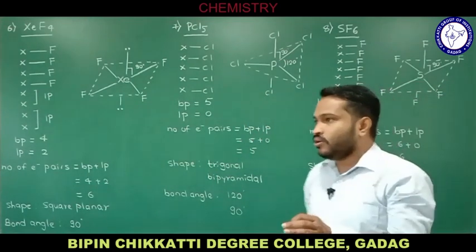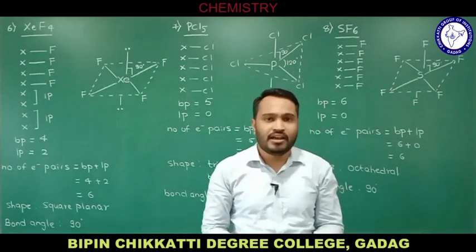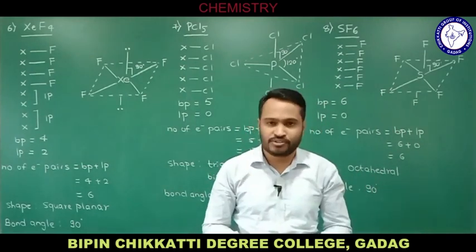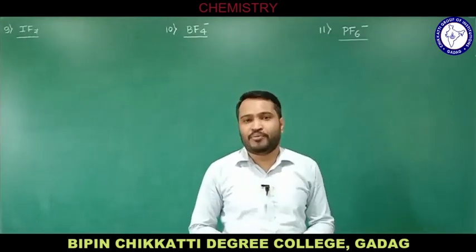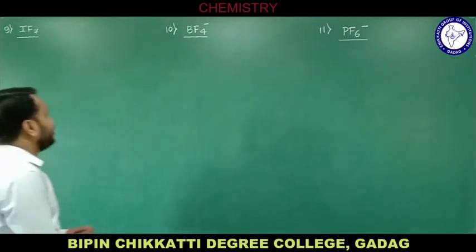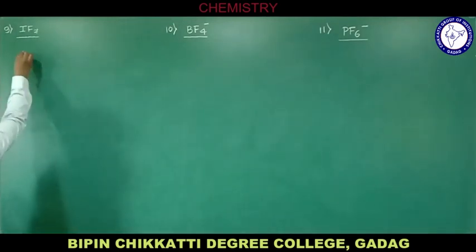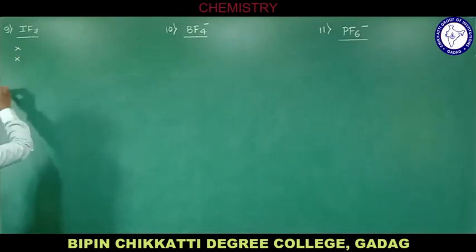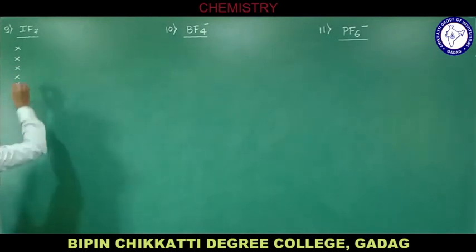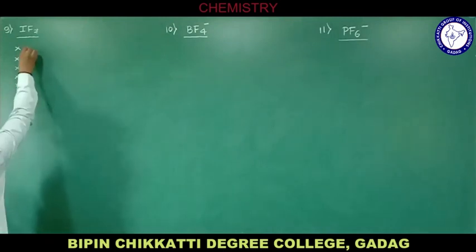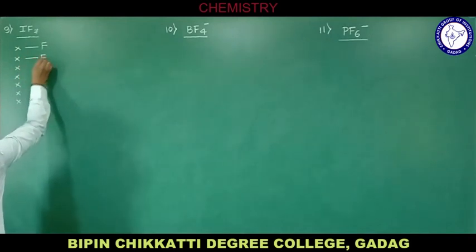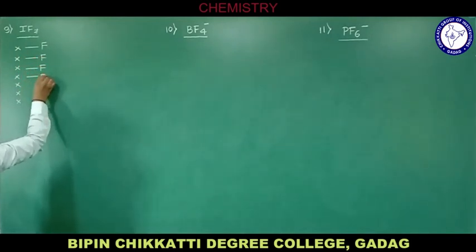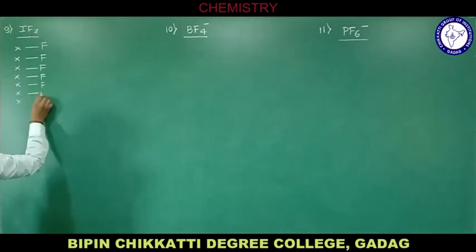So now you need to think over using VSEPR theory, and by knowing the bond pairs of electrons and lone pairs of electrons, we can identify the shape of a given molecule. We will see what would be the shape of IF7. Iodine belongs to group number 17, from that I can say we have 7 valence electrons, and we have 7 fluoride ions, mutual sharing of electrons between one F and one I, and I have 7 bond pairs of electrons like this.